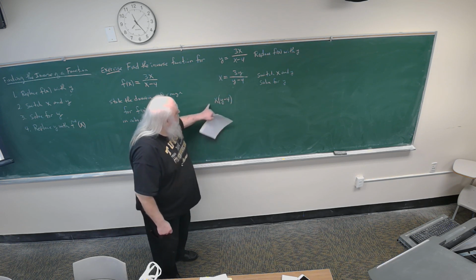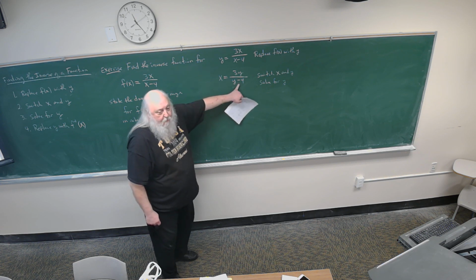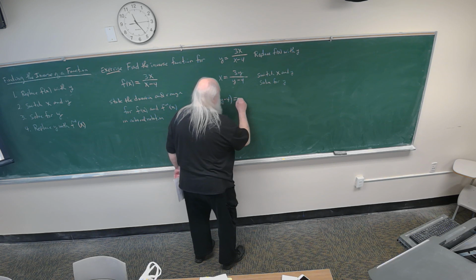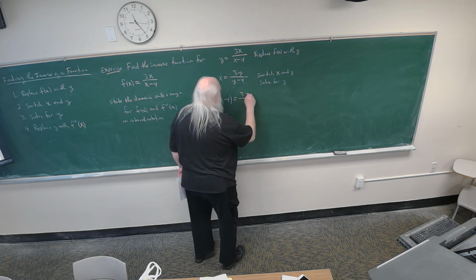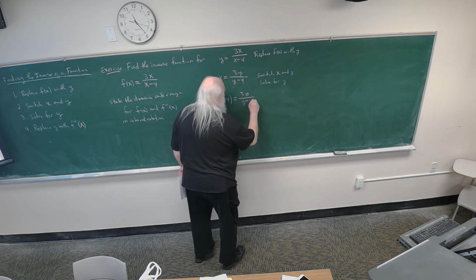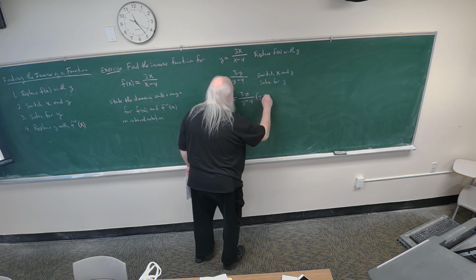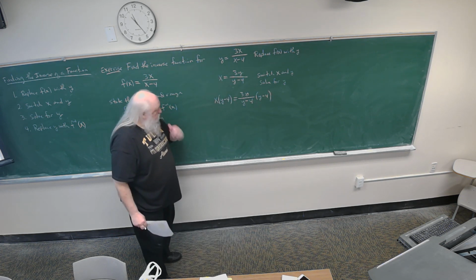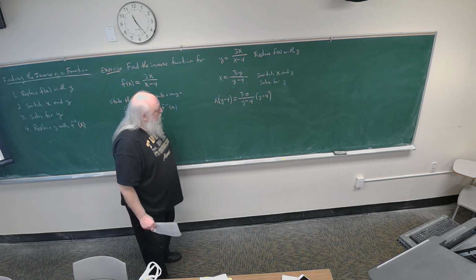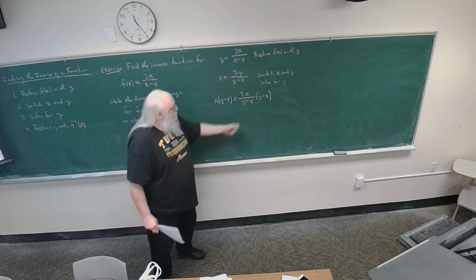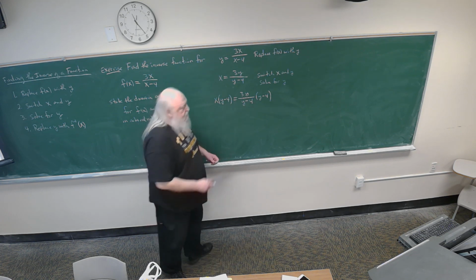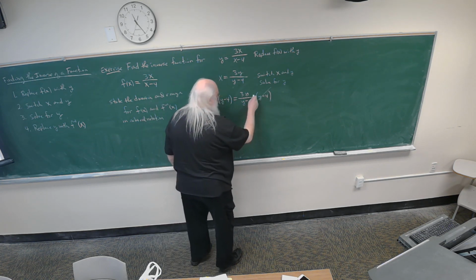So x gets multiplied by y minus 4. Okay? And then we multiply the right-hand side by y minus 4. So multiplication by y minus 4 undoes the division by y minus 4. That's why we did this.